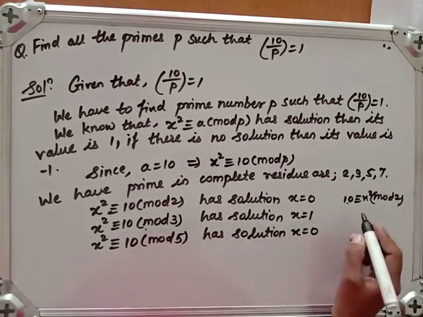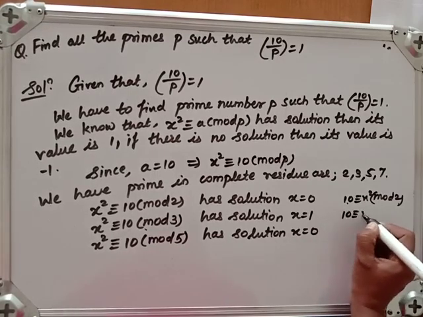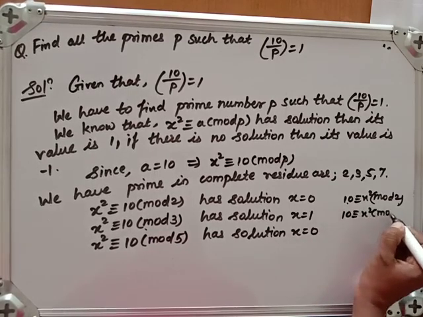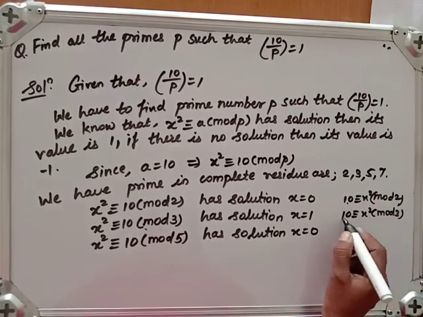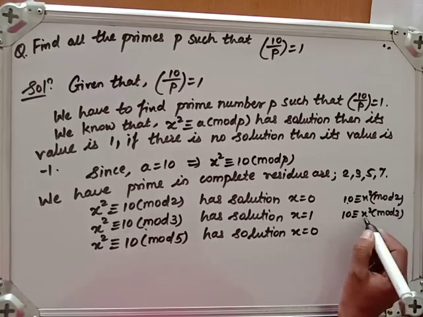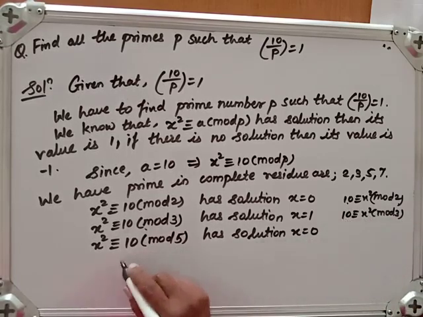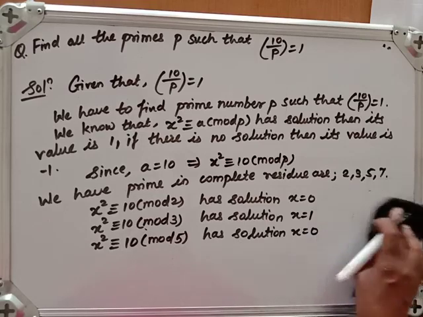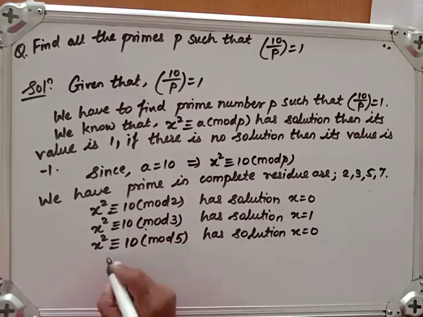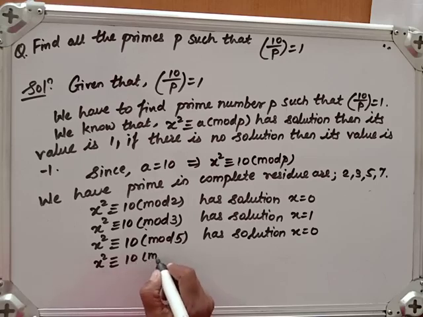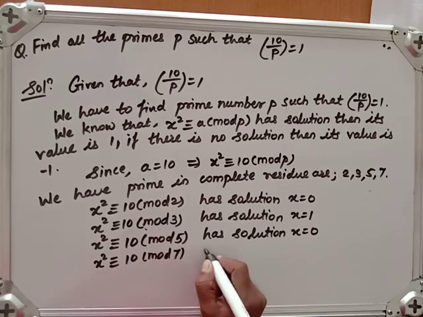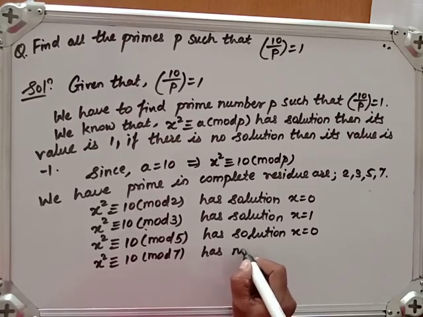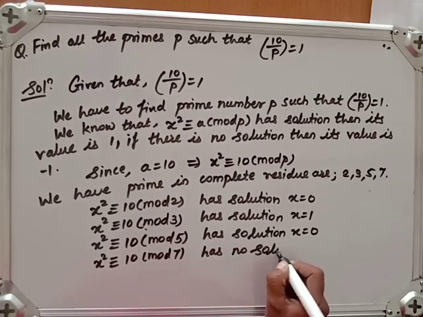Here it will be 10 congruent to x square modulo 3. So 10 modulo 3 is 1, that's why x is 1 here. Same thing here also: 10 modulo 5 becomes 0, that's why the solution is 0. Now what about 7? So x square congruent to 10 modulo 7 has no solution.